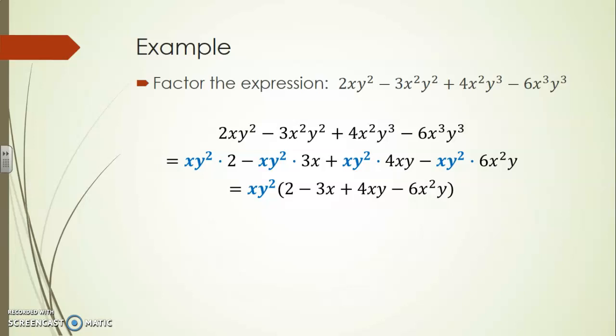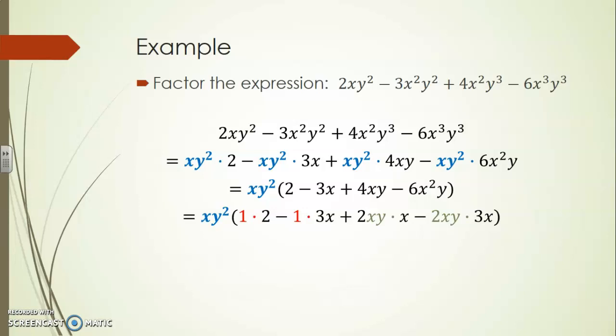We're still leaving 4 terms within our parentheses, and here is where we're going to attempt to group. In the first pair, 2 minus 3x, there really is just a common 1, which doesn't appear, but we can think of it as being there. In the second pair, the difference between 4xy and 6x squared y, both terms are multiples of 2xy.